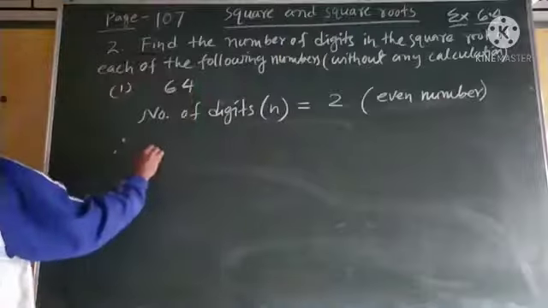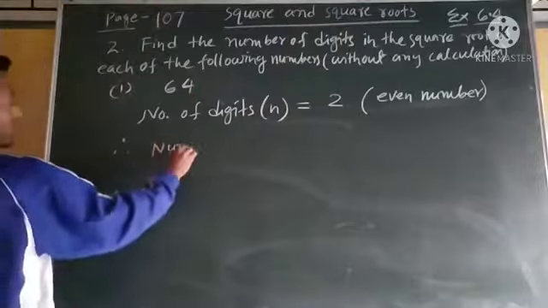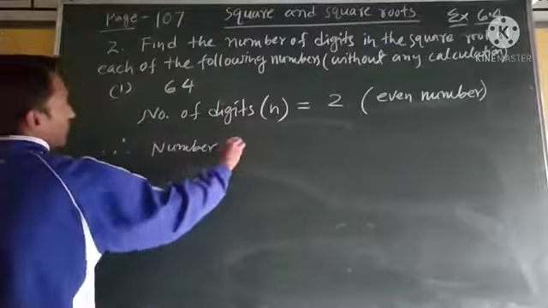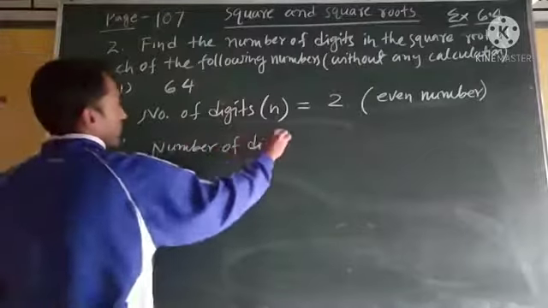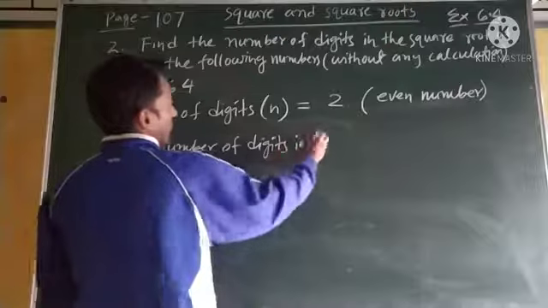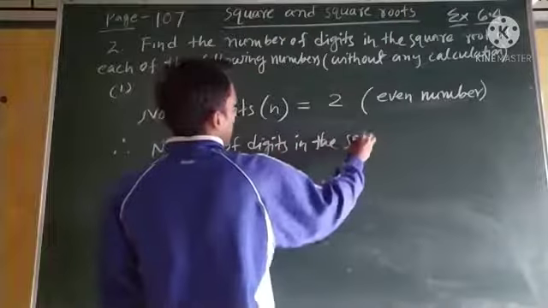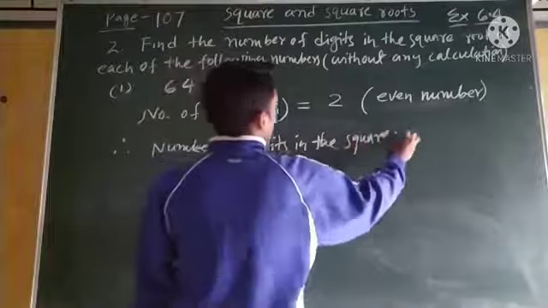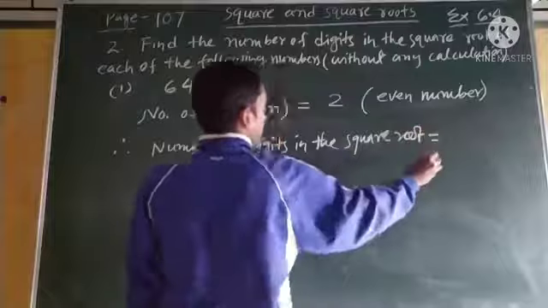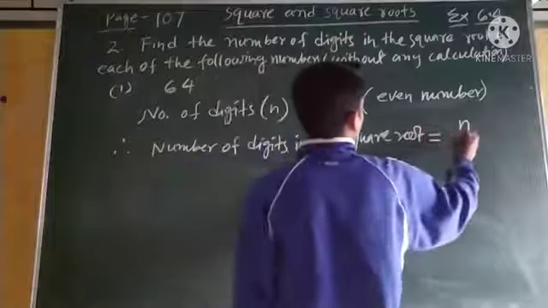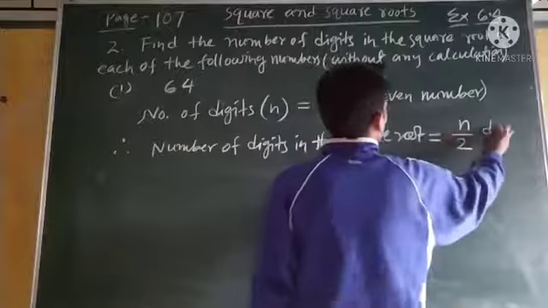Therefore, the number of digits in the square root is equal to, what is our formula? n by 2 digits.